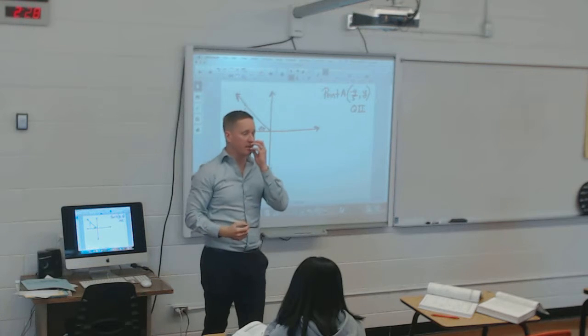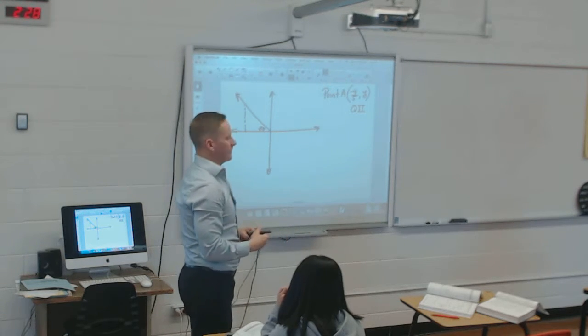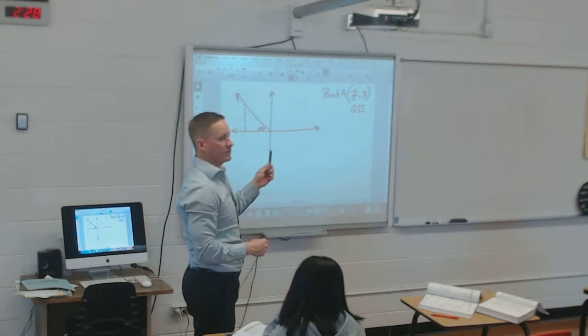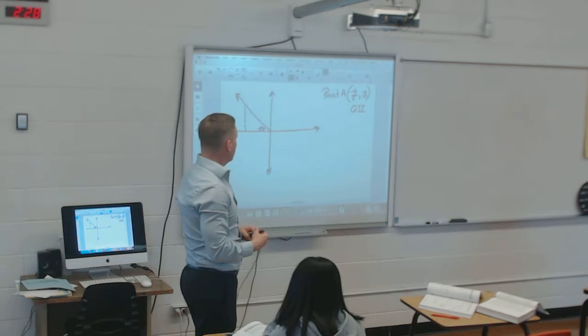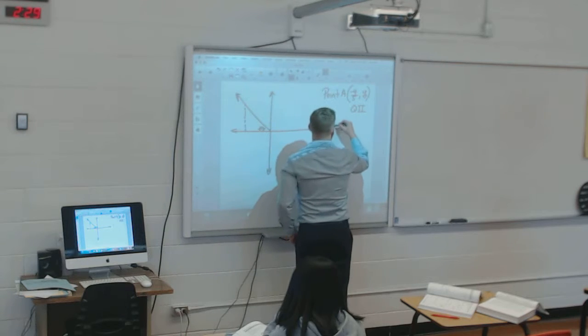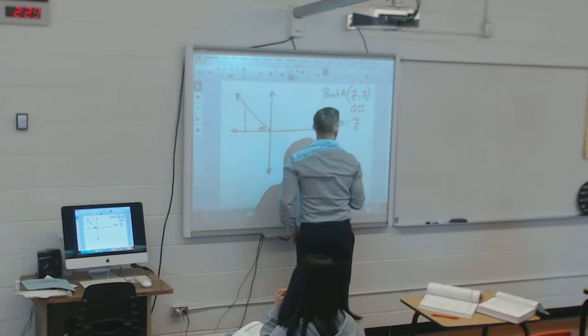And the angle is always made with the x-axis. Alright, what do I know about that x? Is it the cos value or the sine value? It's cos. So the cos of angle theta is equal to negative 4 over 5.